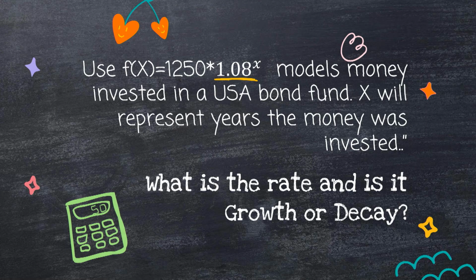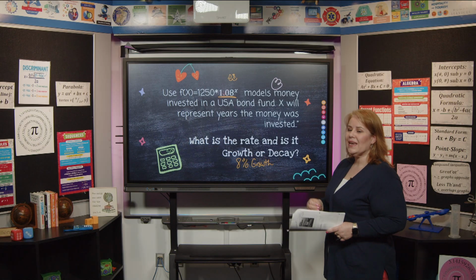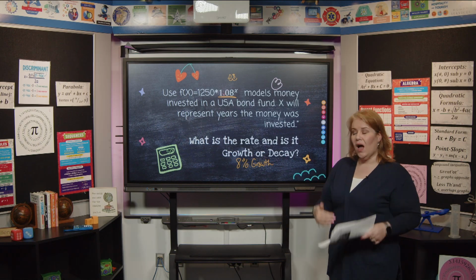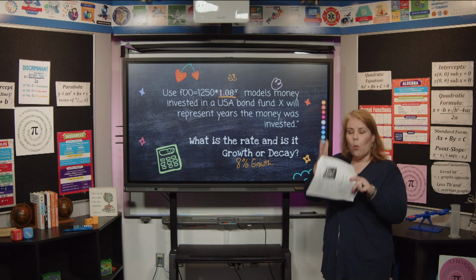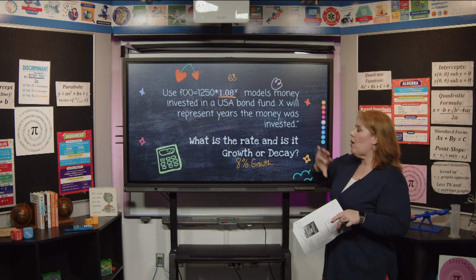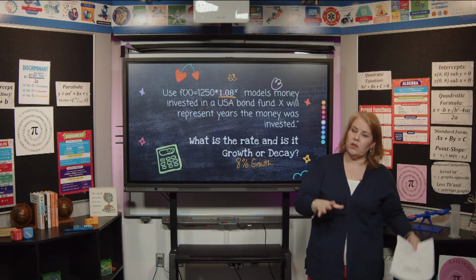Well, how much above 1 is it? I'm going to take this 0.08, move it over, and it's an 8% growth. So we need to make sure that we're understanding how we're reading these common ratios, and how much above 1 it is or how much below 1 it is.